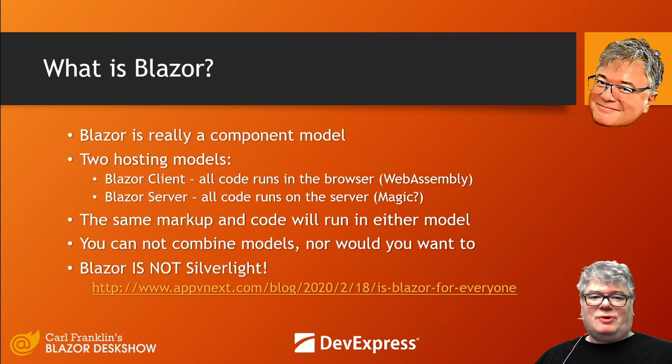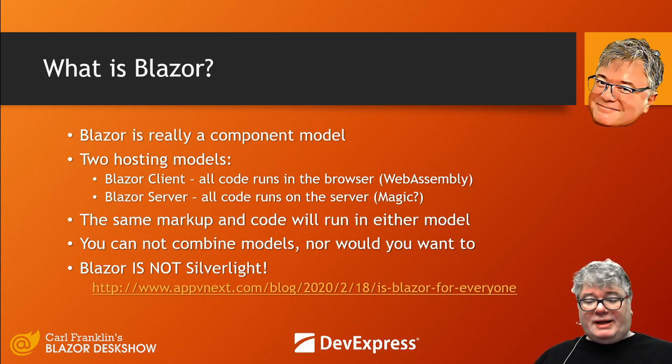So what is Blazor? Well, Blazor started as an experiment that Steve Sanderson did and showed off at NDC Oslo a couple of years ago. He knew about WebAssembly, which was a newish kind of virtual machine that all the browsers support.